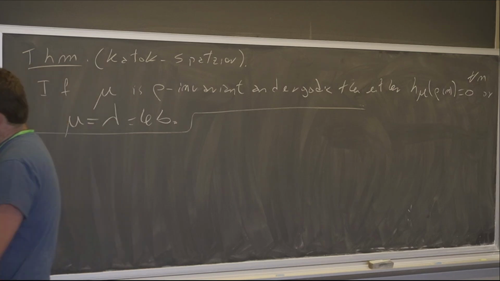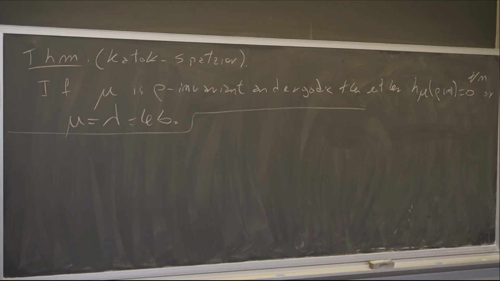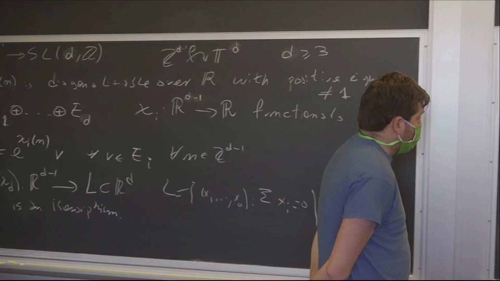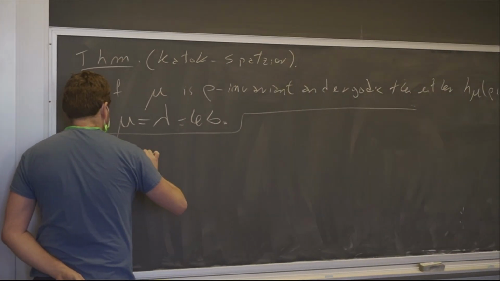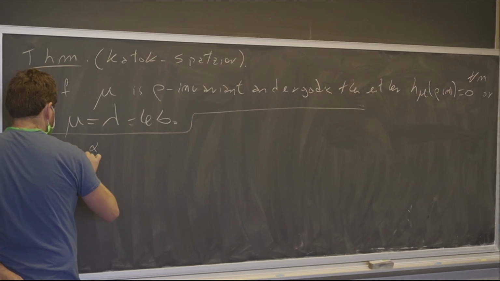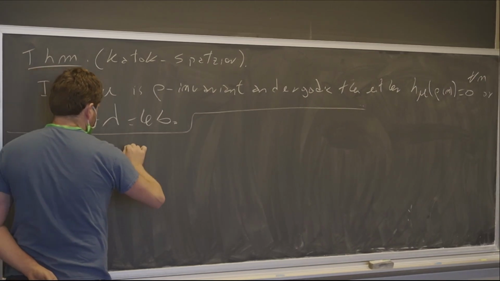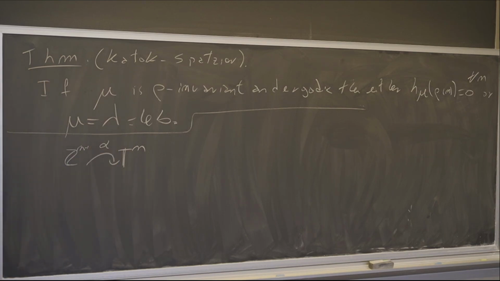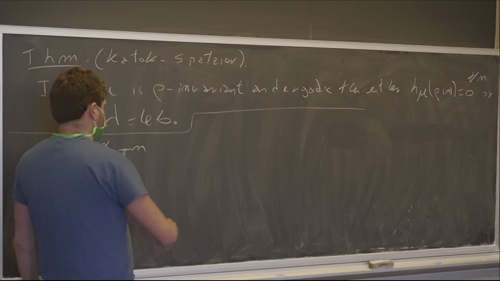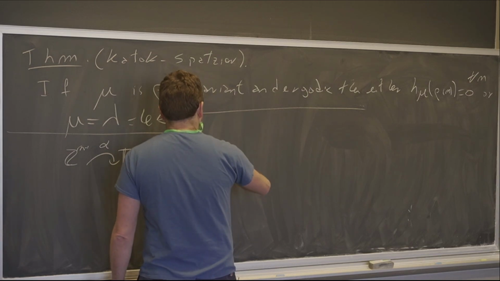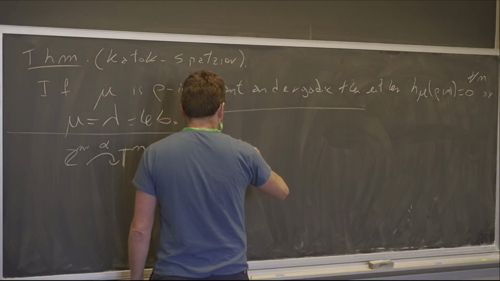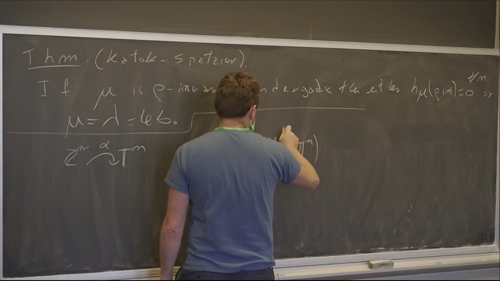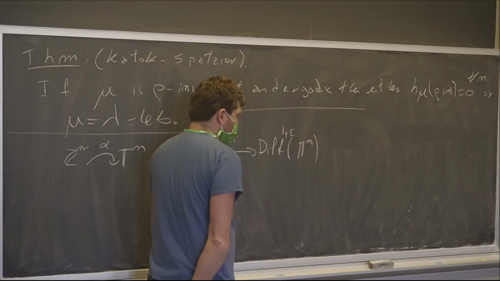Okay, so now the goal is to have a nonlinear version of this Katok-Spatzier. So now we consider alpha, an action of Z^(n-1) on the torus T^n, but it will be nonlinear. Here C^(1+epsilon) will be enough.